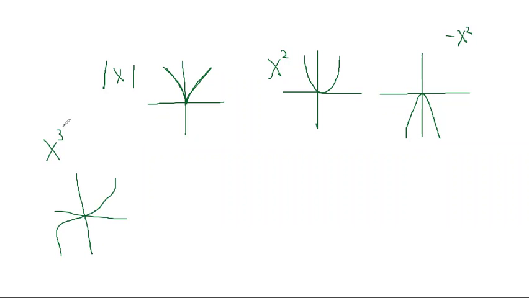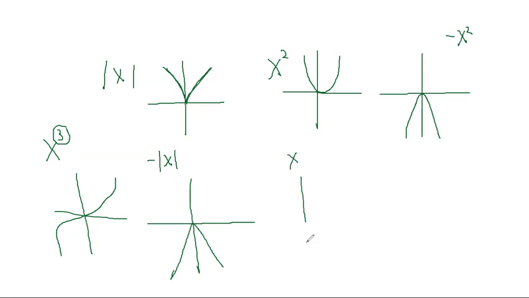If it's cubic, this is a cubic function. This is an absolute value function. If you have negative absolute value of x, your answer should be a letter V, but in this case it will be downward also. If it's only x, it will be a linear function. This one is passing through 0, and so on.